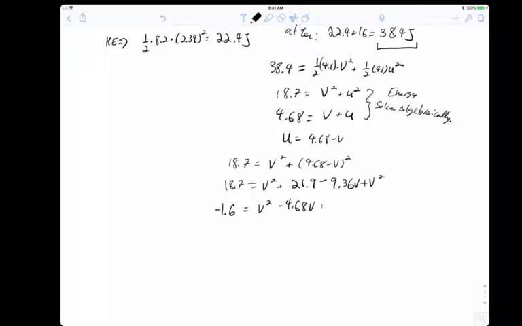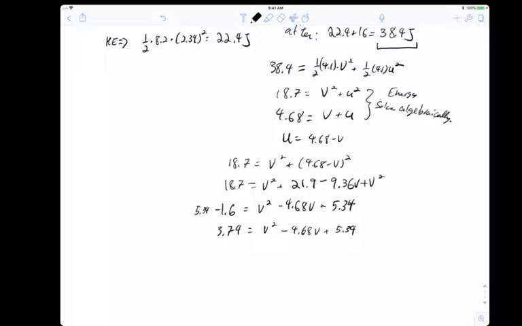That's plus 4.68 divided by 2 squared, 5.34, minus 1.6 is equal to 3.74, which is v squared minus 4.68 times v plus 5.34.